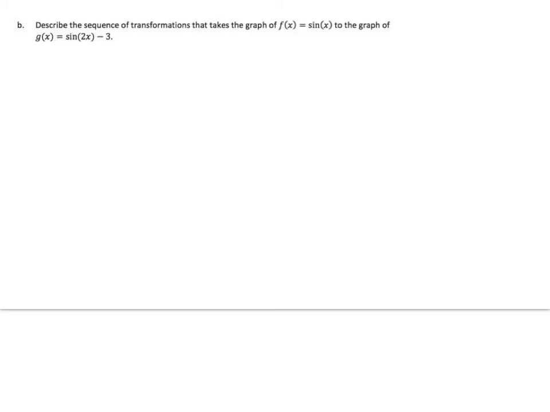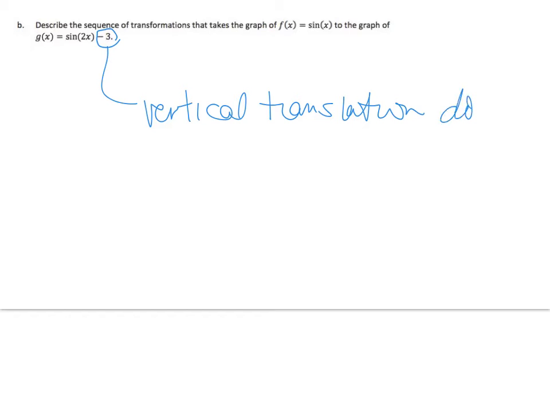All right, describe the sequence of transformations that takes the graph of f of x equals sine x to the graph of g of x equals sine of 2x minus 3. Well, this right here is the vertical shift or translation down 3 units.